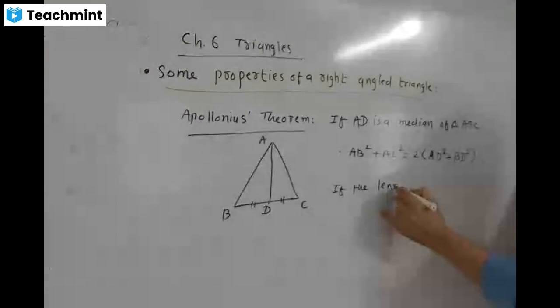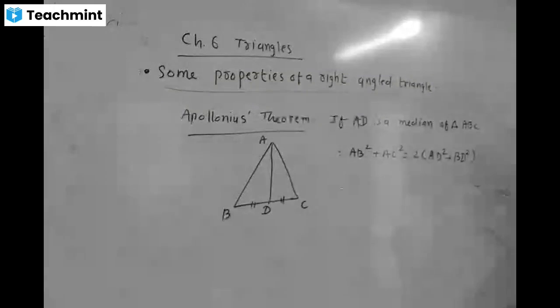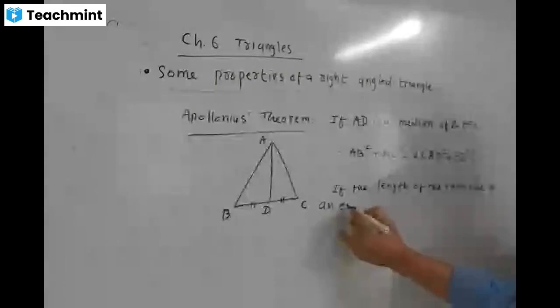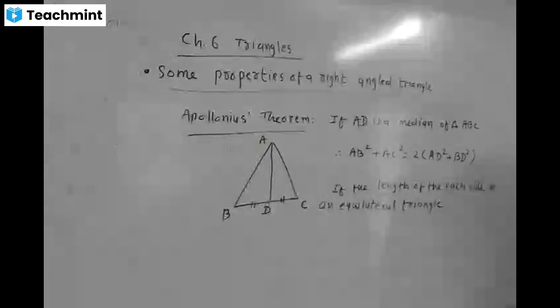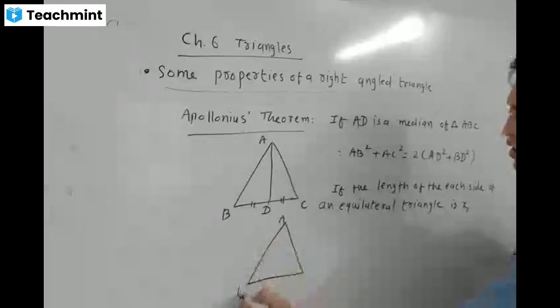If the length of each side of an equilateral triangle is X. ABC is an equilateral triangle.